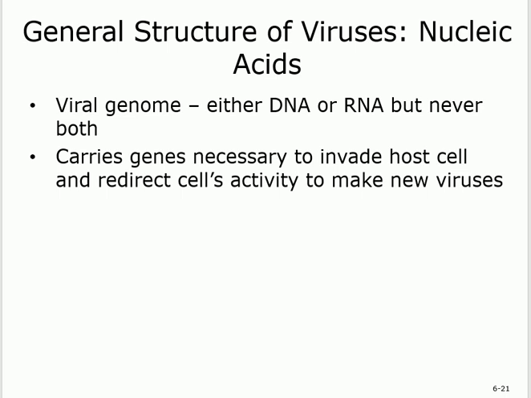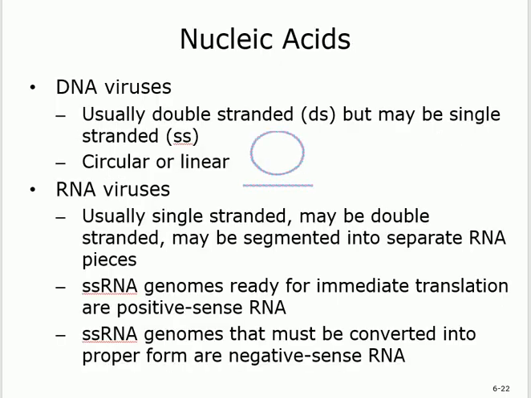So we said that the genome can be DNA or RNA, and this will make a difference to differentiate the different types of viruses. So it can be DNA viruses and it can be RNA viruses. If it is DNA, remember in AMP, the DNA is double-stranded, isn't it? Sometimes it's not, but the vast majority is double-stranded.